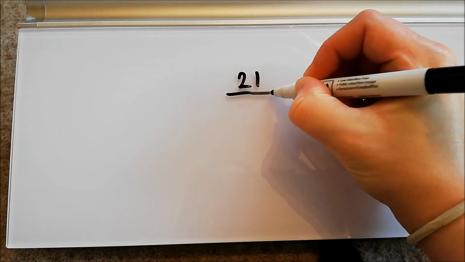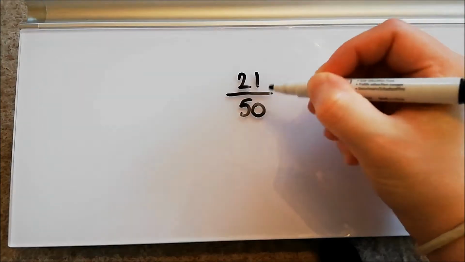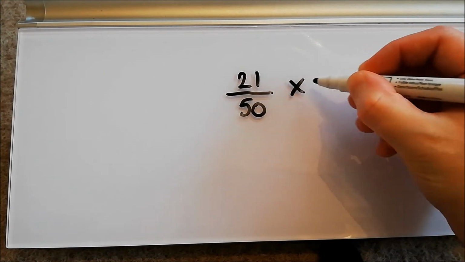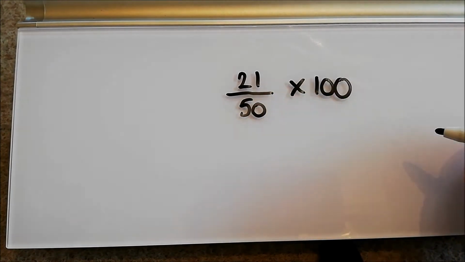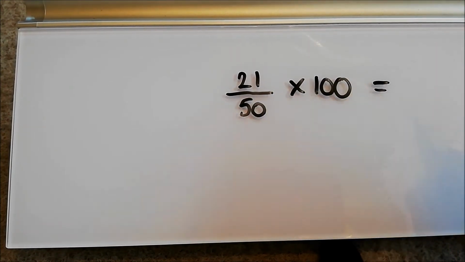So we'd have 21 out of 50 as a fraction times by 100. And that would just go straight into the calculator like that.